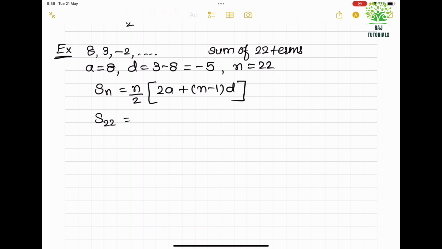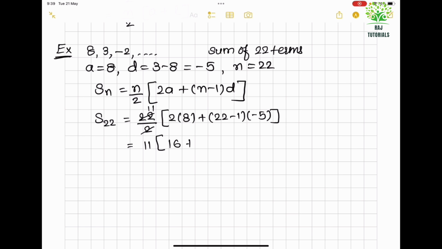Now here S22 will be 22 upon 2 into 2 into 8 plus 22 minus 1 into minus 5. Solving this, 22 divided by 2 will be 11.